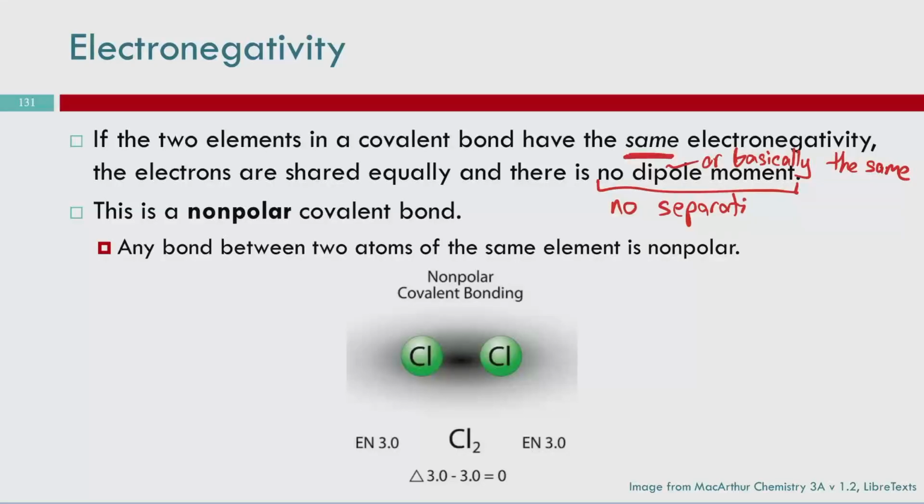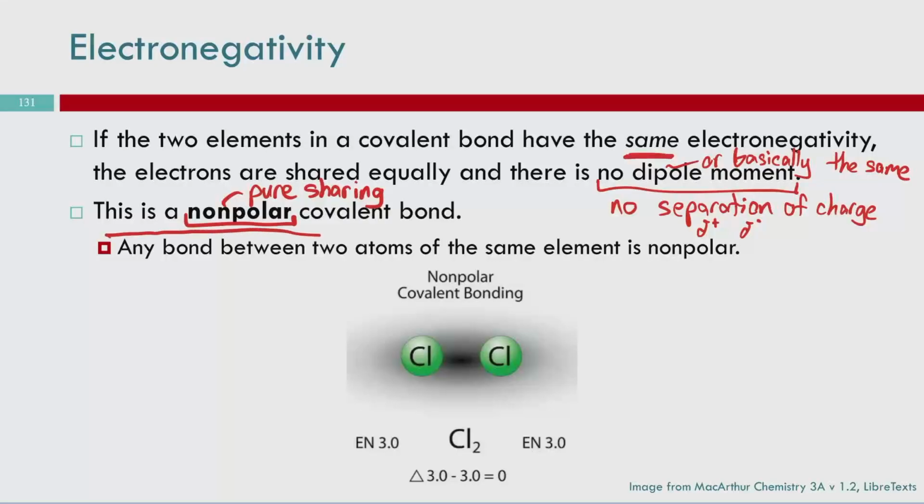We don't get the partial positive, the partial negative. We call these non-polar covalent bonds, not having a positive pole, not having a negative pole. It's just pure sharing, like all of our kindergarten teachers wanted of us, right? Pure sharing of the electrons, equal treatment.